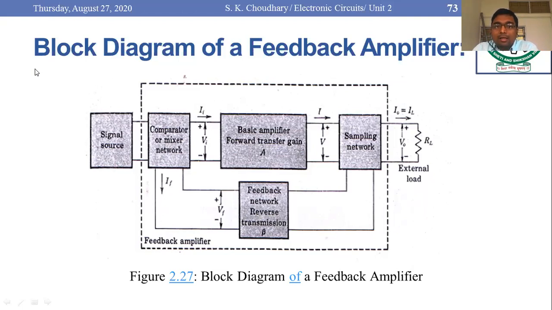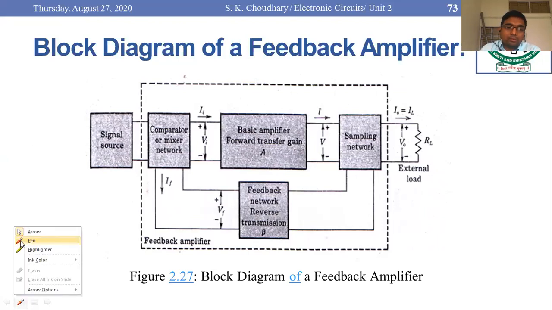So this is a block diagram of a feedback amplifier. If you refer to this feedback amplifier, there are certain components. The important elements are, first, the signal source. This could be a voltage signal source or a current.